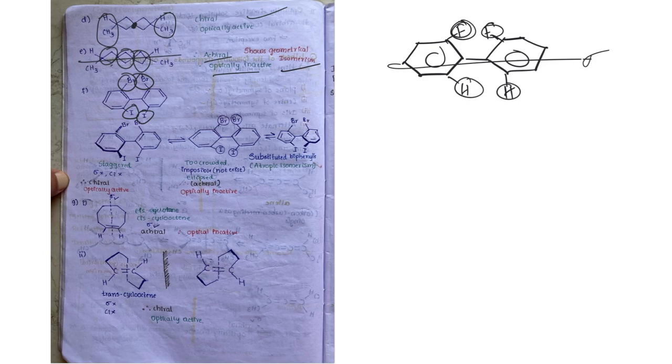Due to that larger size, they will feel some electronic repulsion. This is shown clearly here: the dark one means horizontal, near to the observer, and the one not shown means vertical.